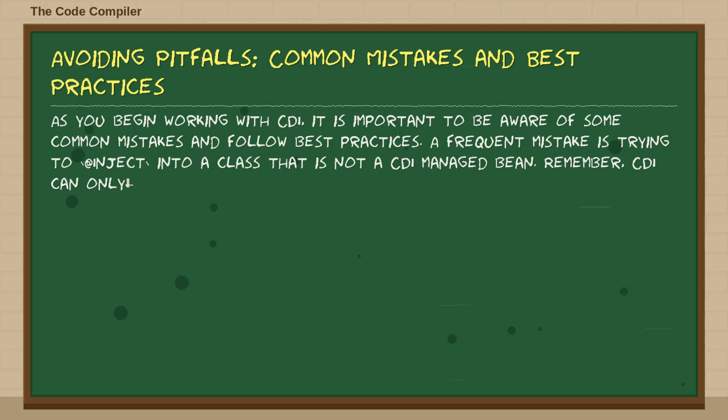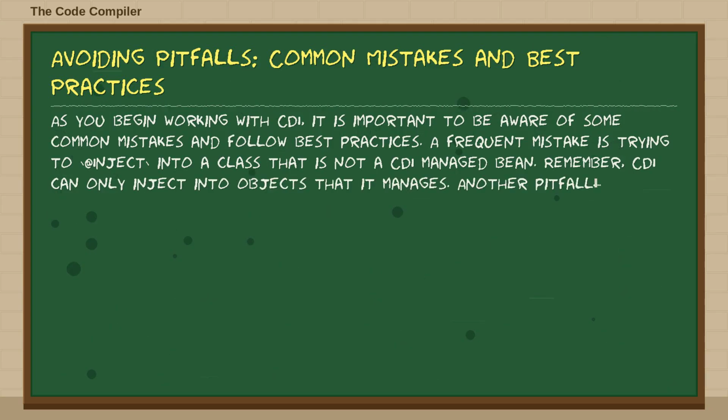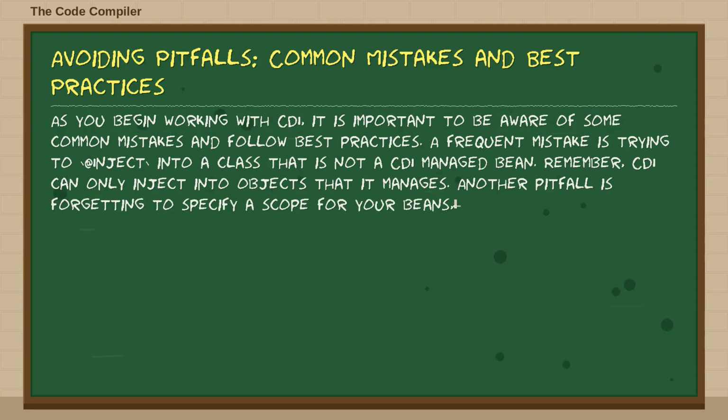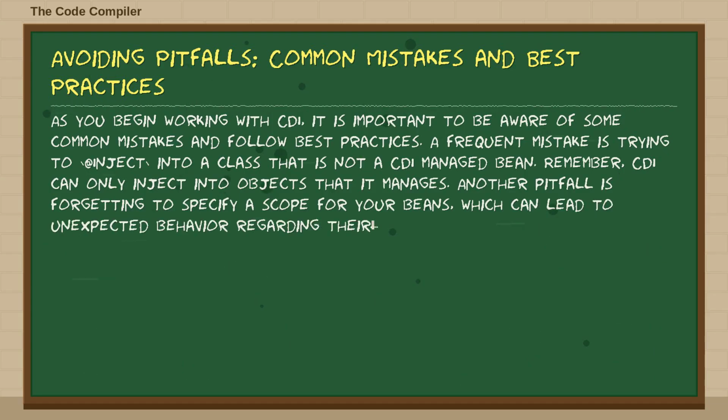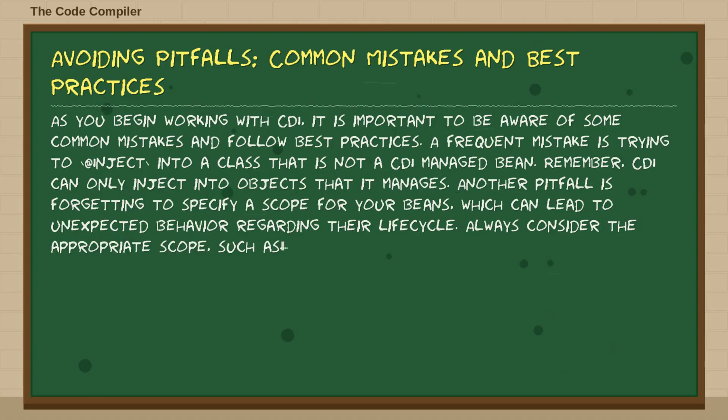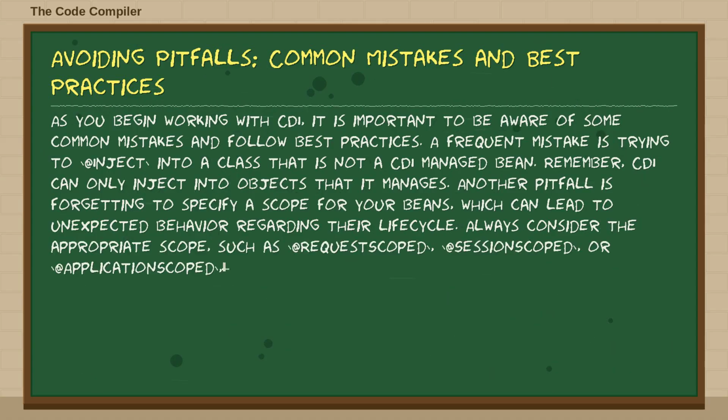Another pitfall is forgetting to specify a scope for your beans, which can lead to unexpected behavior regarding their life cycle. Always consider the appropriate scope, such as @RequestScoped, @SessionScoped, or @ApplicationScoped, or the default @Dependent scope.